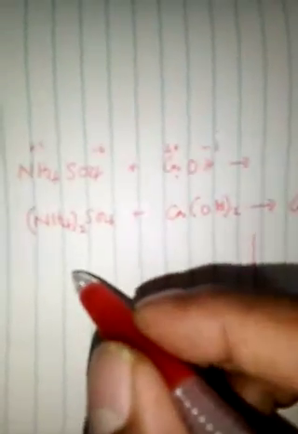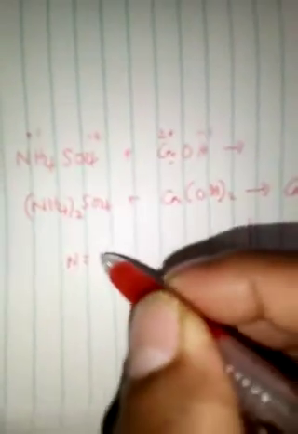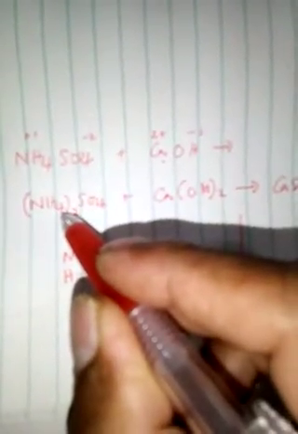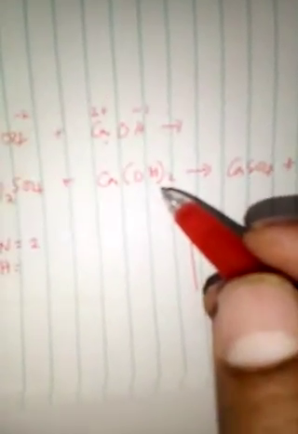The next thing that you need to do now is to balance the chemical equation. Go ahead and write down each of the elements. How many nitrogen on the left, how many hydrogen, how many sulfur, how many oxygen, how many calcium. You add them together, so it takes a little bit of time. Nitrogen here is 2. Hydrogen would be 2 times 4, that is 8, plus 2 times 1, that is 2.